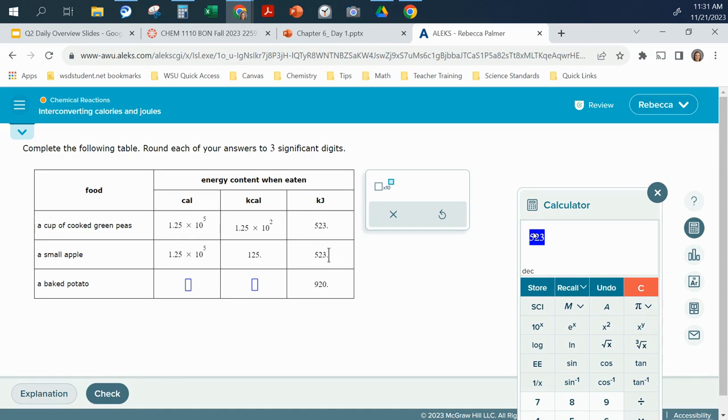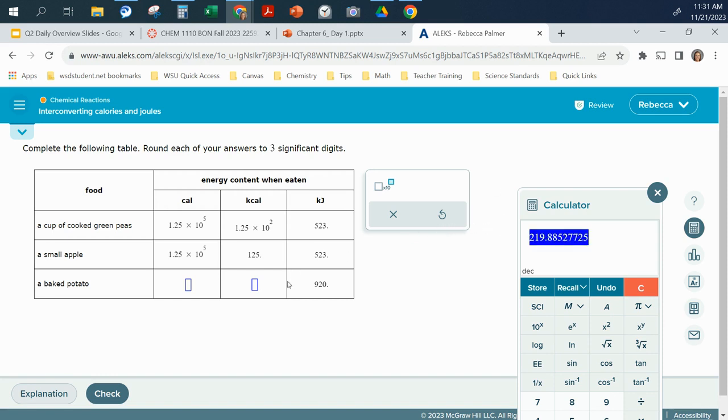Good. Kilojoules cancels out. We'll end up with kilocalories. So this will be 920 times 1 divided by 4.184. I'm trying to put it in my calculator. 920 divided by 4.184.